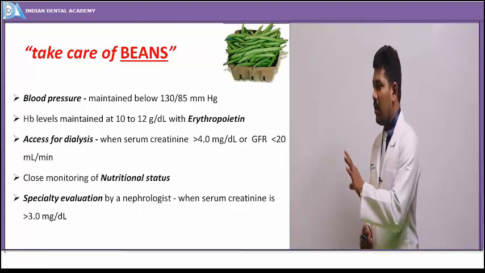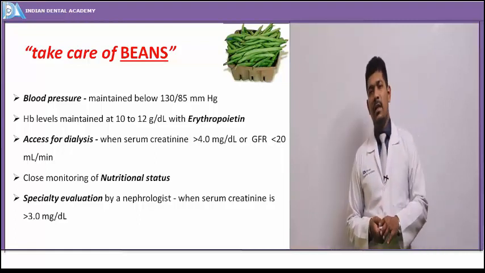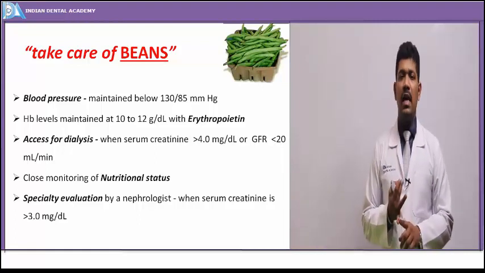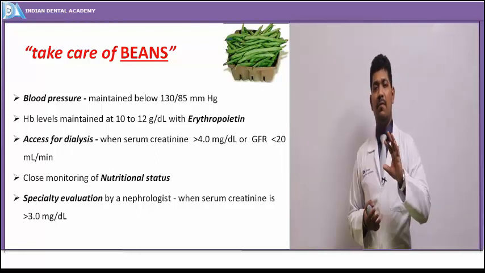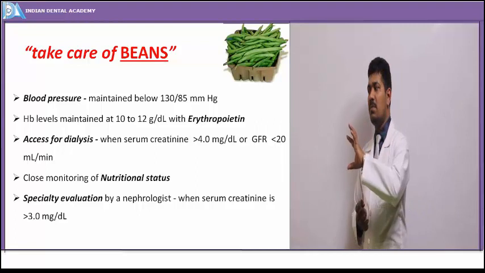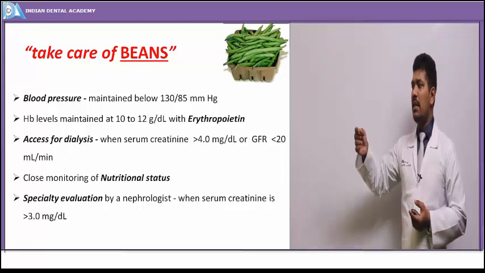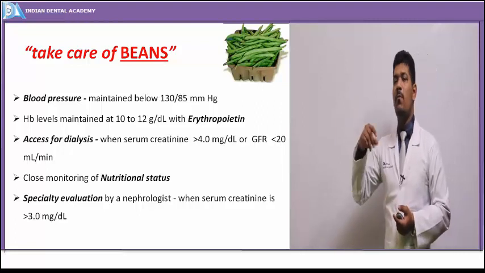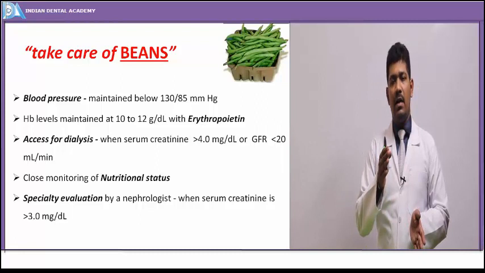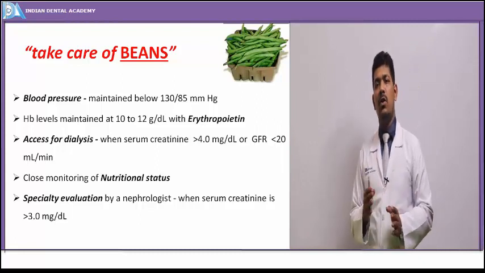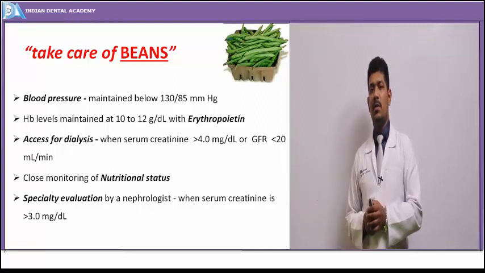Now, among these renal patients, especially the patients with chronic renal failure, most of the laboratory technicians or the physicians have their focus on something called BEANS. Each letter of BEANS stands for one particular parameter, wherein if the levels are above or below this particular parameter, the patient is taken into a renal replacement therapy.